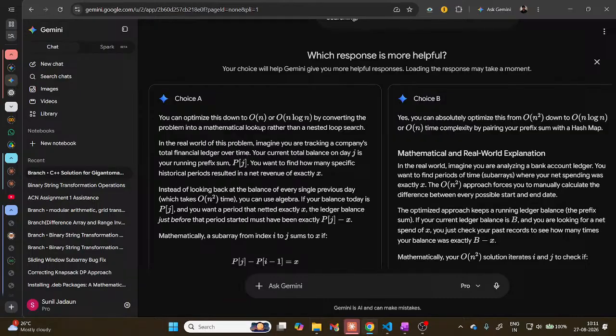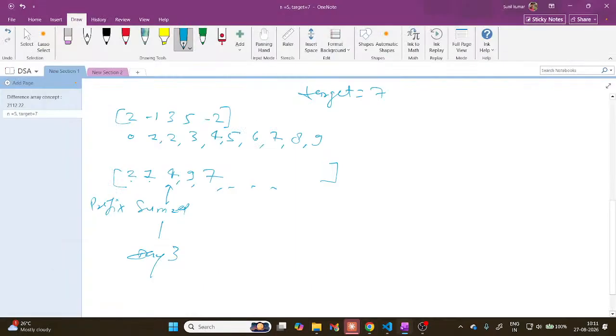So what we can do is there is an equation: Pj minus P of I minus 1 is equal to X. This is the summation. Then Pj minus X is equal to P of I minus 1.